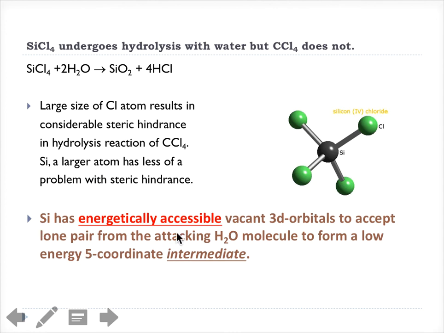Because silicon has energetically accessible vacant 3d orbitals, it actually accepts a lone pair from the attacking water molecule to form a 5-coordinate intermediate. What does this mean? This 5-coordinate intermediate actually looks like this. So silicon, now it is 5-coordinate, meaning there are 5 single bonds bonded to the silicon.